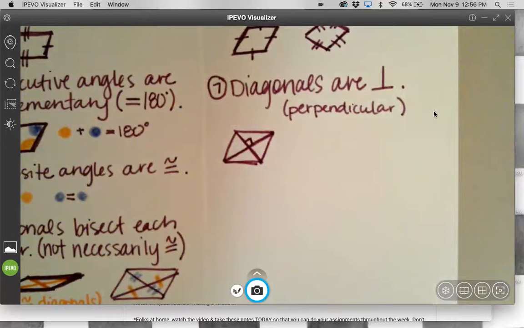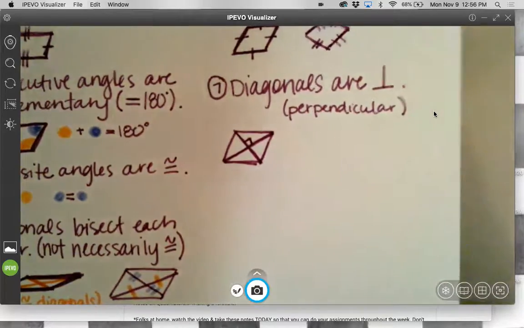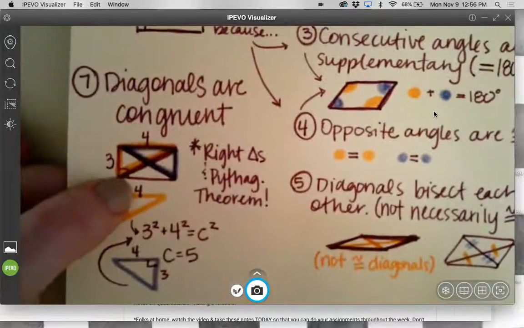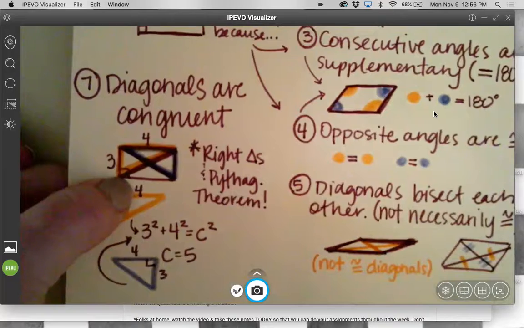So just like on the diagonals of a rectangle where we were using Pythagorean theorem to find the length of the diagonal, we can also use the Pythagorean theorem over here. It's just that your right angle is in a different place. On your rectangle, the right angle's on the angle that is from the 2 sides, your length and your width.